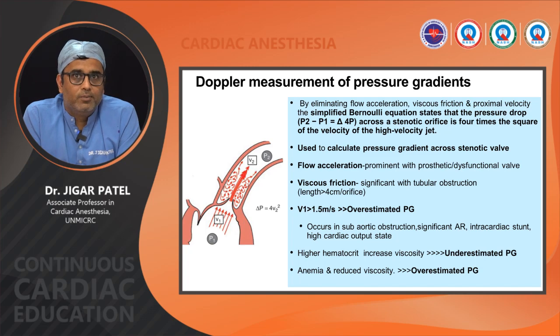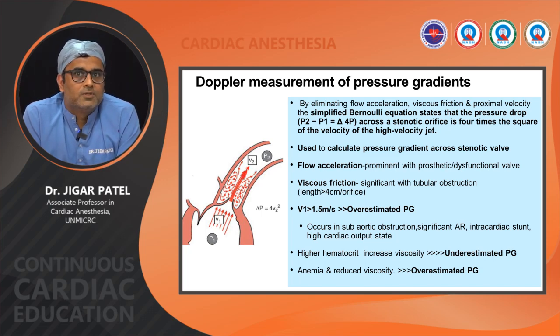So by eliminating flow acceleration, viscous friction and proximal velocity, the simplified Bernoulli equation states that the pressure drop across the stenotic orifice is 4 times the square of the velocity of the high velocity jet. This Bernoulli equation is used to calculate pressure gradient across a stenotic valve.